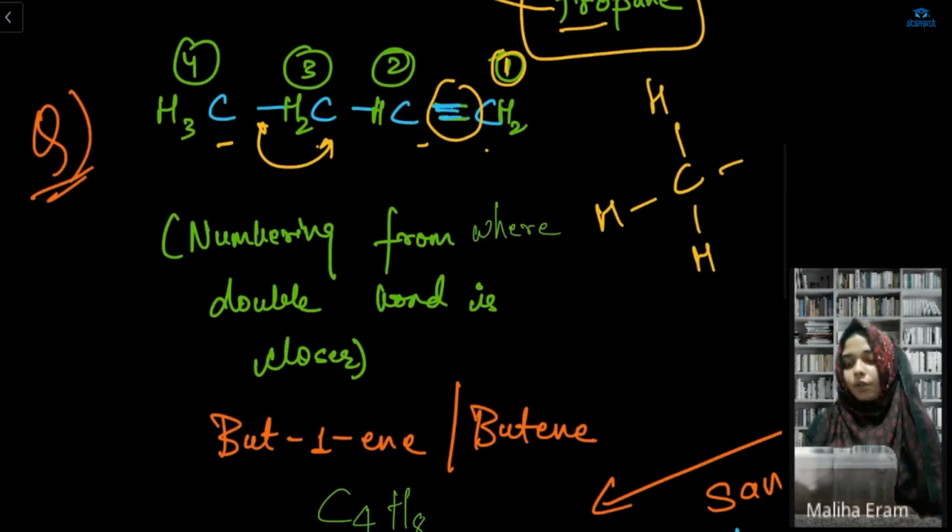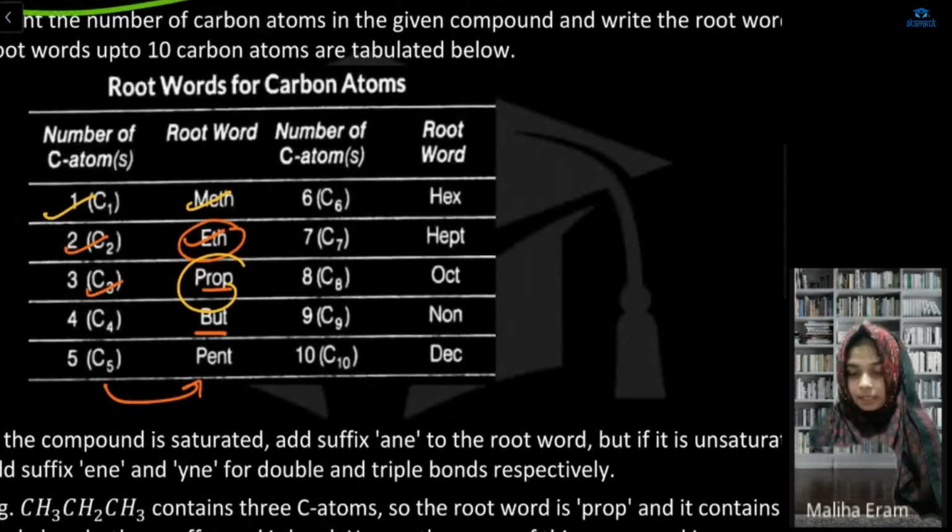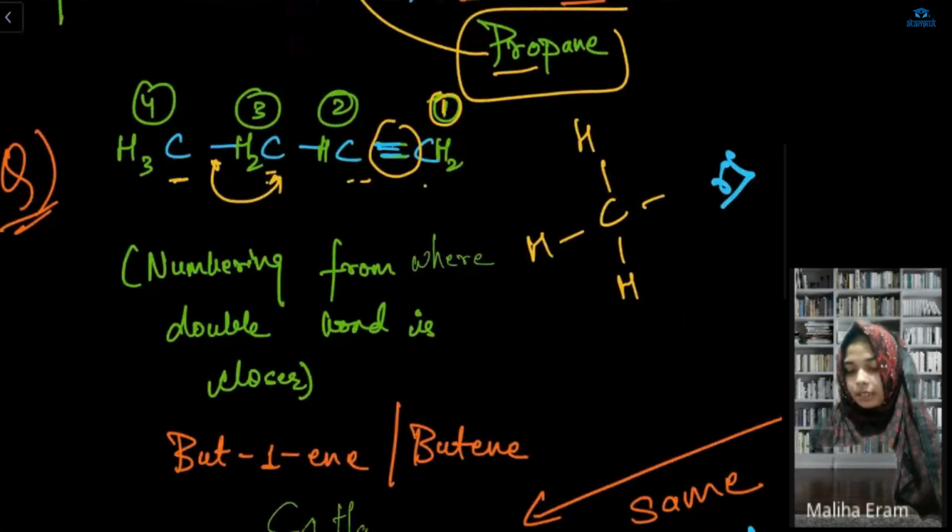Okay, next. Now this one. So here how many carbons? First we will look for carbons. 4 carbons. So for 4 carbons, now we will switch to the chart. 4 carbon के लिए क्या है? The root word is your but. Now here, first we will write but, and in the first number, what is it?